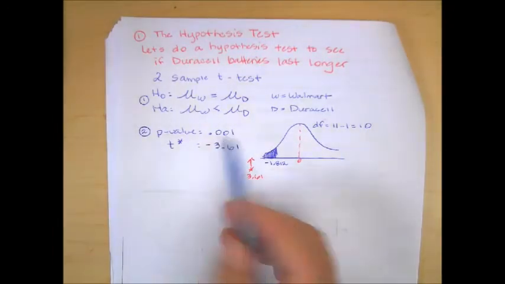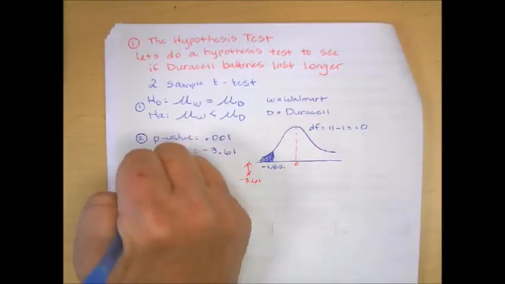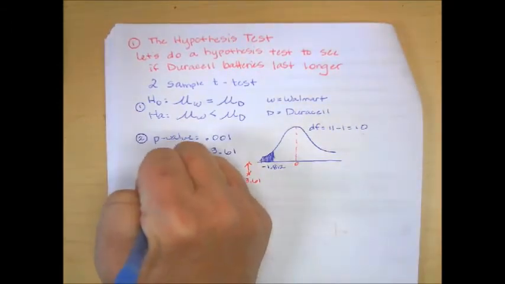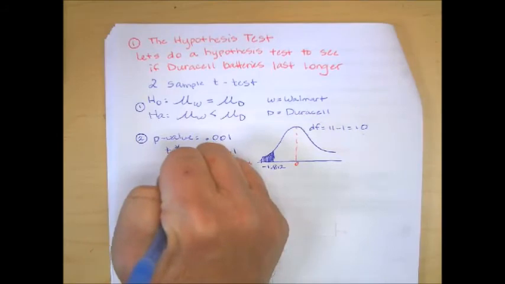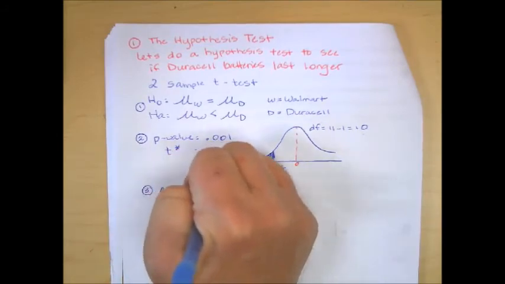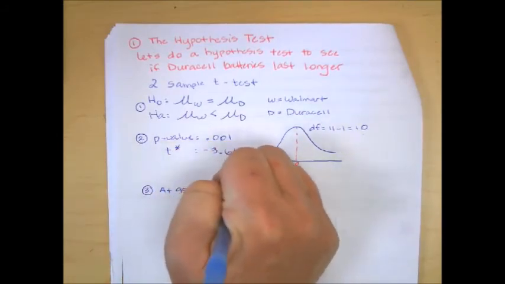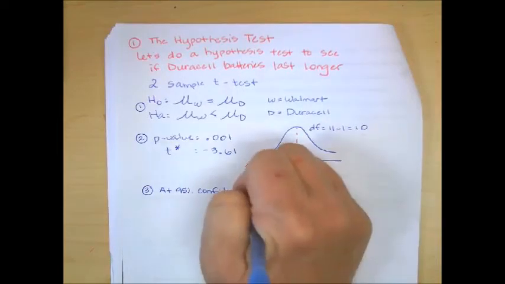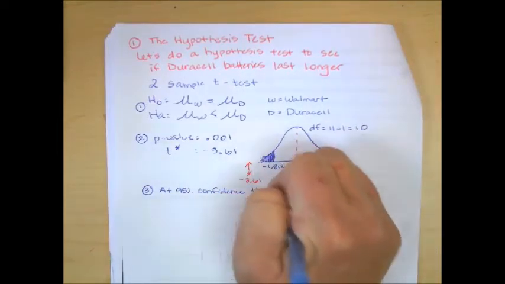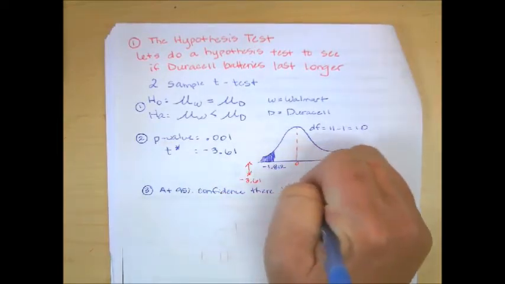So any way you do it, let's write at 95% confidence. There is evidence to reject H0.